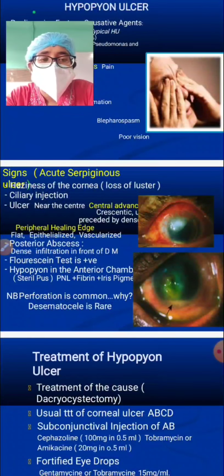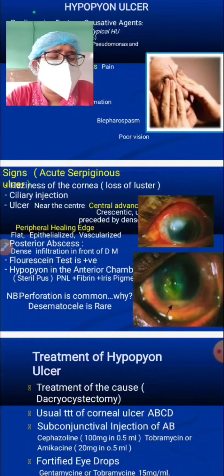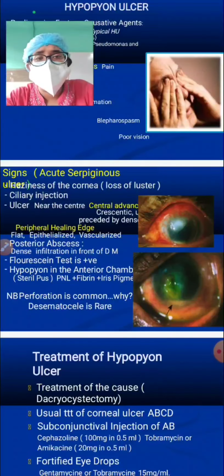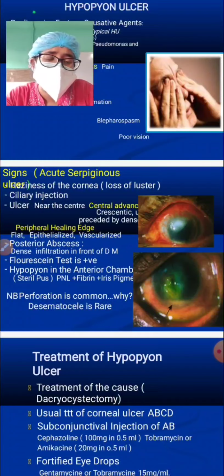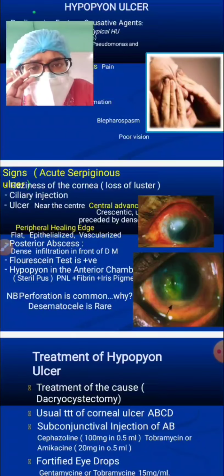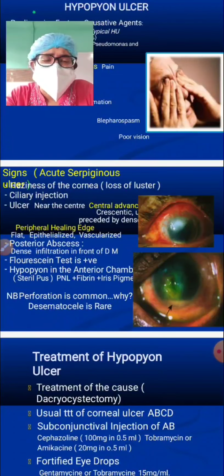In those cases, what you need to know is how to differentiate between fungal corneal ulcers and bacterial corneal ulcers with hypopyon. Always, fungal corneal ulcers will have, first of all, a history of vegetative matter injury. And in fungal corneal ulcer there will be more signs than symptoms, but bacterial corneal ulcer will have severe symptoms than signs.